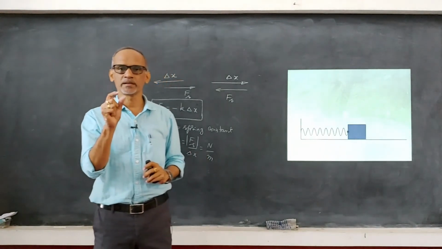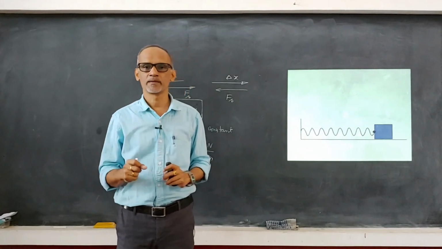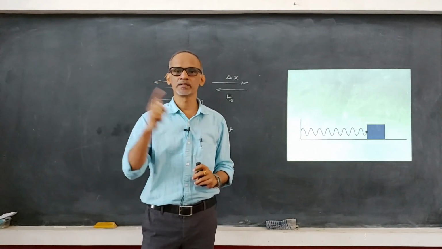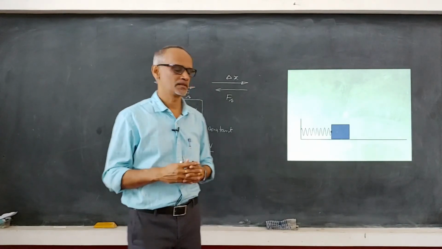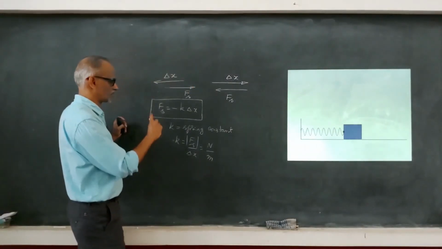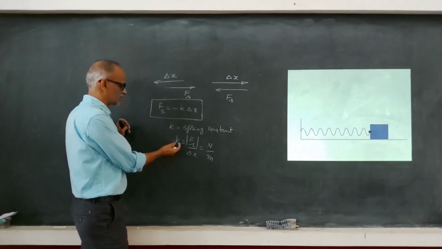If the spring constant is less, then we call that a soft spring. If the spring constant is more, we call it a hard spring or a stiff spring. Soft spring means smaller value of k, hard spring means a larger value of k.